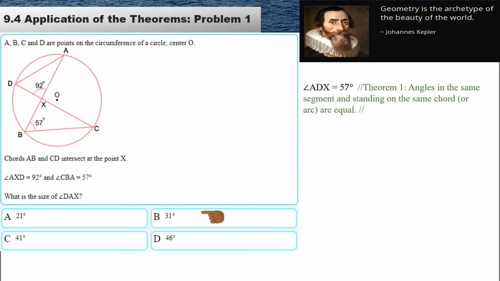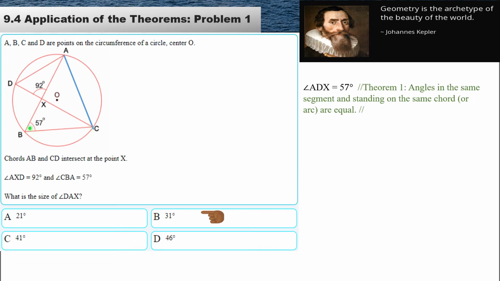How do I know that? Well, I applied theorem 1, which says angles in the same segment and standing on the same chord or arc are equal. So consider the arc AC, or even better, just imagine a chord AC, like so. This chord would subtend this angle here, and this same chord would also subtend this angle here, 57 degrees.